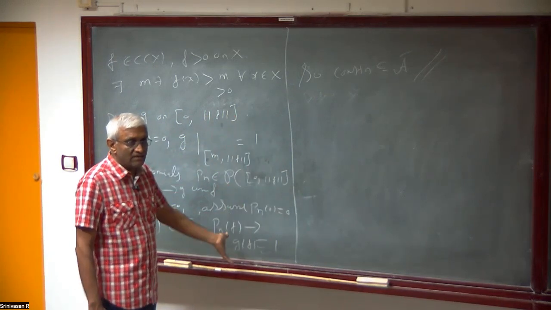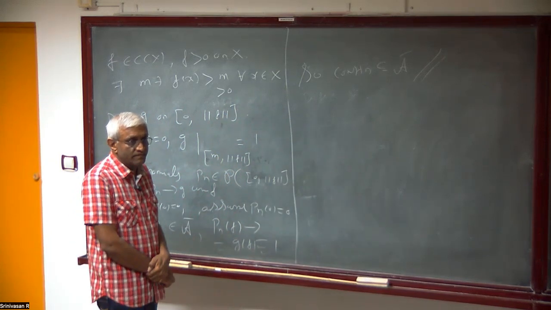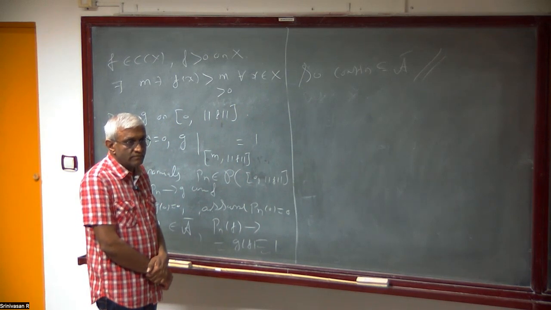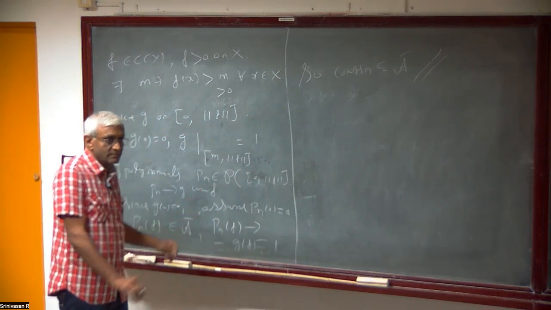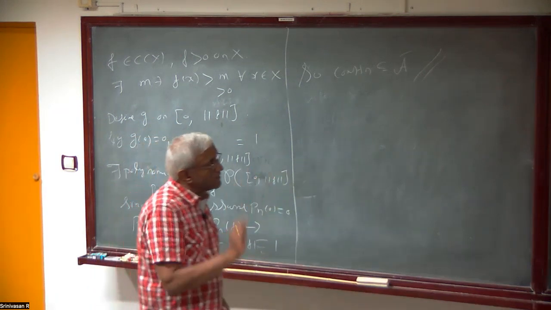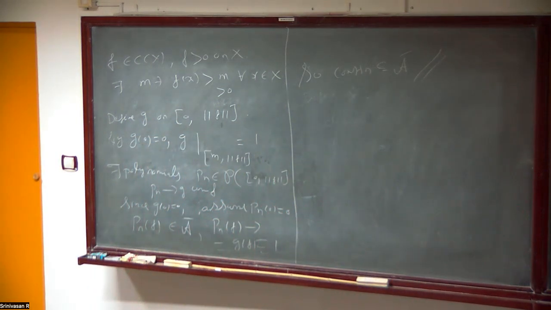You can take any constant, and then any constant will be there. So 1 is there, all constants are there. Fine, that's all. So we have proved that theorem: if it vanishes nowhere and it separates points, then it is dense.